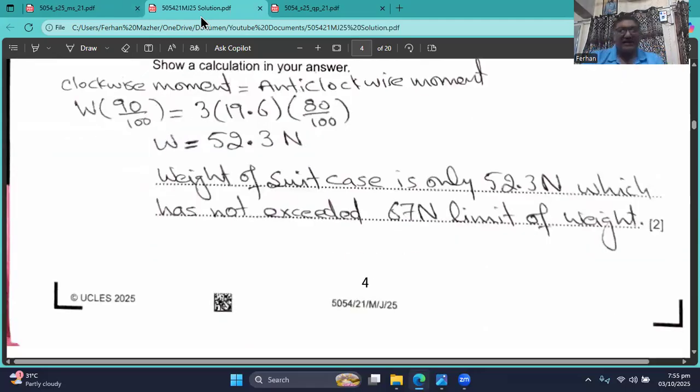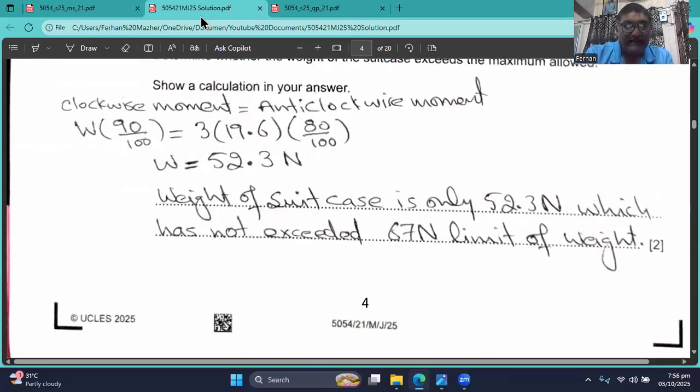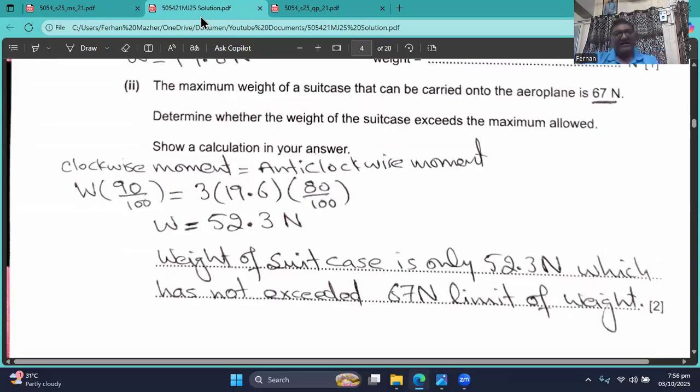The clockwise moment is equal to the anti-clockwise moment. So the clockwise moment will be the weight of the suitcase into 90 divided by 100. I converted 90 centimeters, the moment arm, into meters. And 3, because there are 3 sugar bags. So the weight of one sugar bag is 19.6, multiplied by 80 divided by 100. 80 is its moment arm, the distance from the pivot.